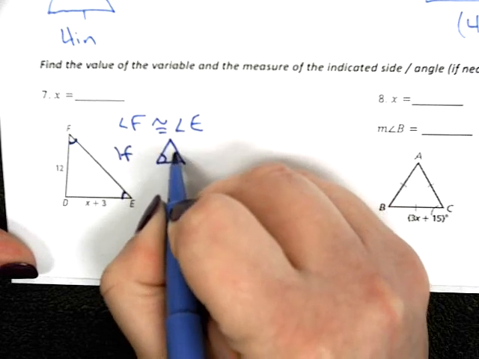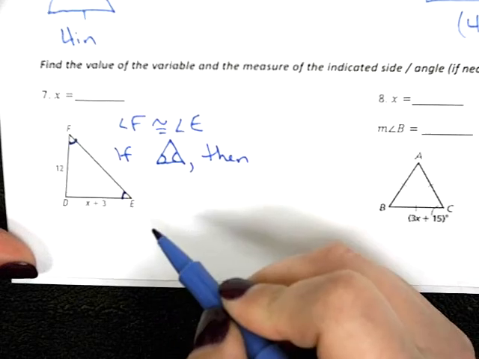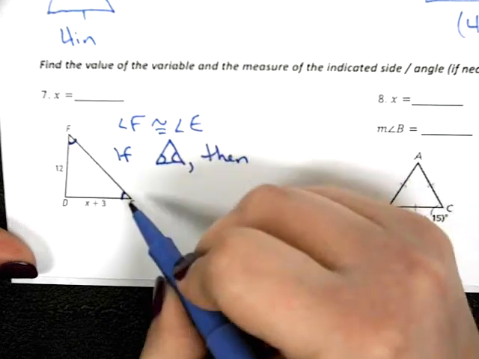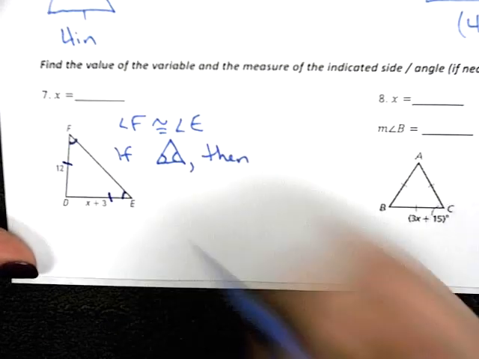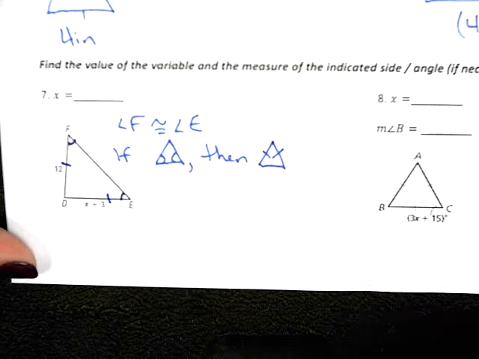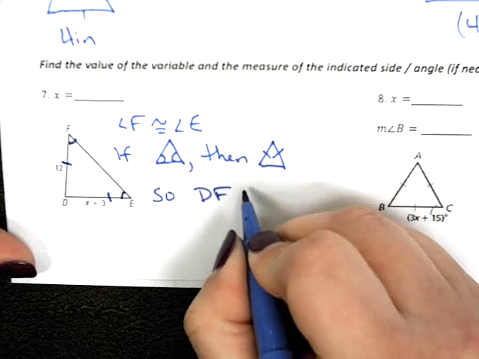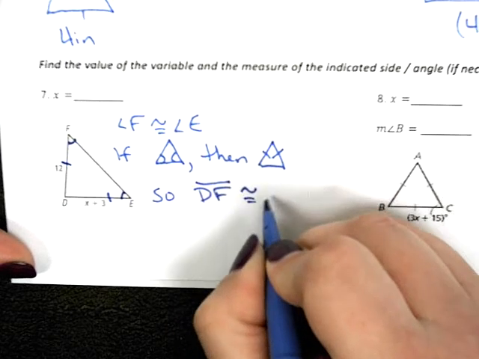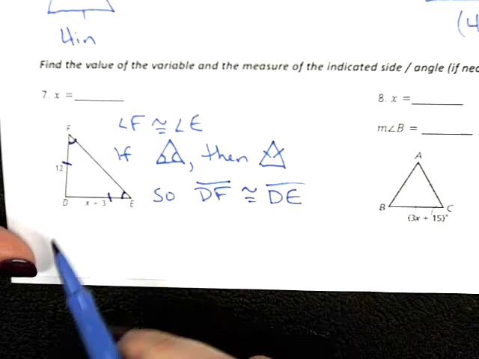So if base angles are congruent, then we know that the sides across from them are also going to be congruent. So that means DF is going to be congruent to DE. The sides across are also going to be congruent. So DF is congruent to DE, which means we can actually solve for x.